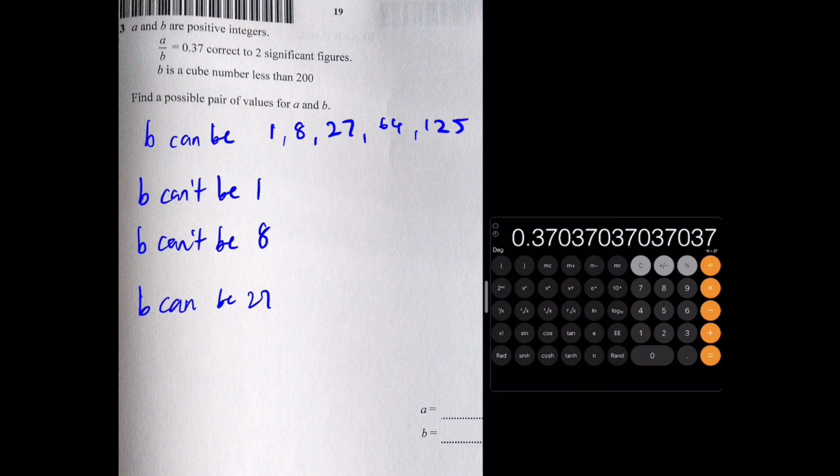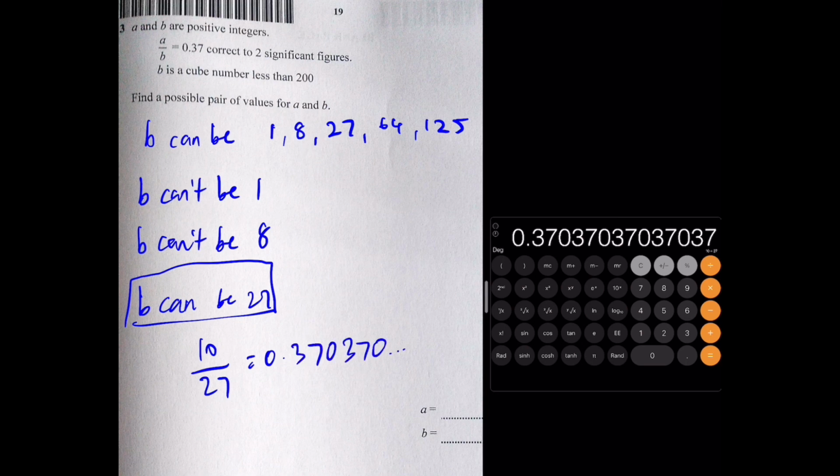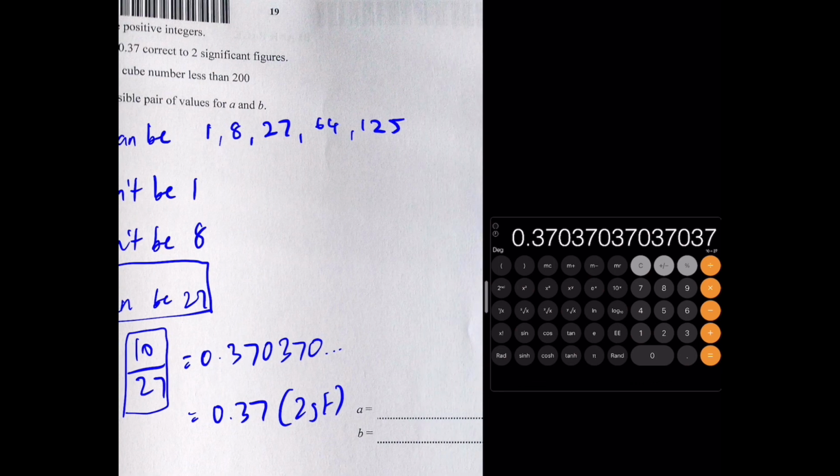And therefore this rounds to 0.37. So B can be 27, as 10 by 27 equals 0.370370, which is 0.37 to two significant figures. And therefore 10 by 27 is the answer. So A equals 10 and B equals 27.